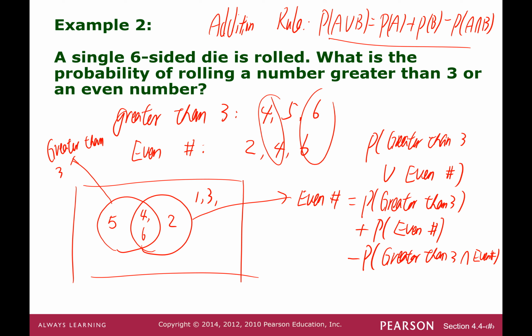Greater than 3 will be 3 over 6. Even number is 3 over 6. The intersection between those two will be two numbers, 2 over 6. So 6 minus 2, which is 4 over 6. Reduced, it is 2/3. So the probability of greater than 3 or an even number will be 2/3 of the time.